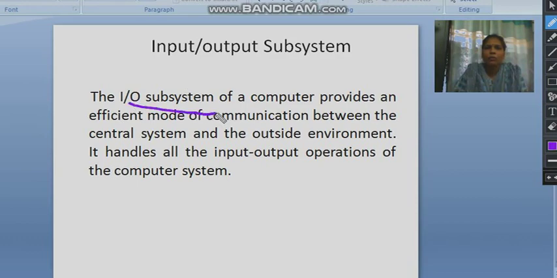The I/O subsystem of a computer provides an efficient mode of communication between the central system and the outside environment. It handles all the input-output operations of the computer system. So basically input-output is for the external communication of the central processing unit.